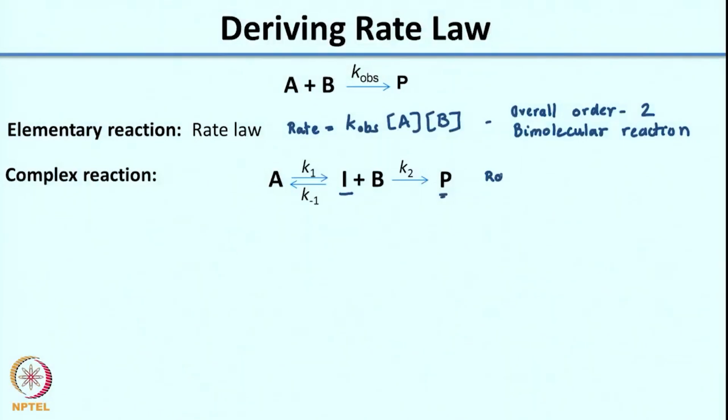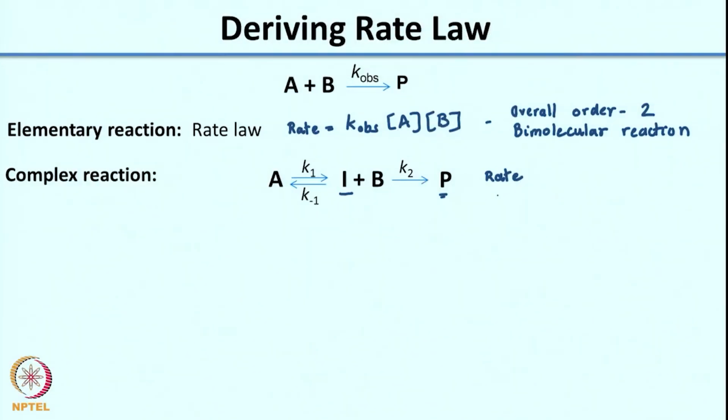So, when you write the rate law for a reaction like this, by definition the rate law is getting the relationship between the reactants, the rate constant, and relating that to the rate. Now, in this case you have multiple processes happening. So, to first write the rate, you always start with the product.